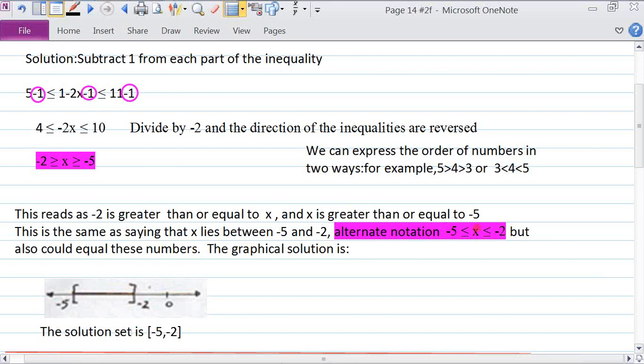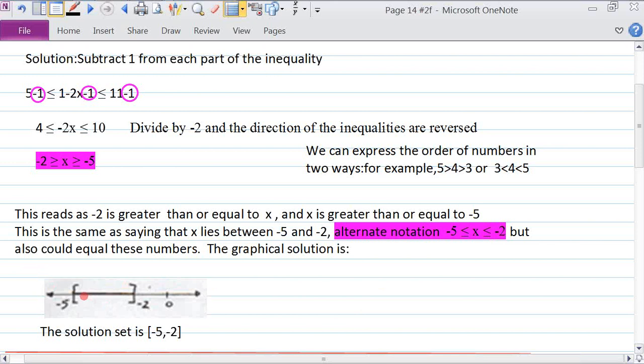Look at this expression. What does it say? Minus 5 is less than or equal to x. That means that x has to lie over here somewhere, anywhere above here. It can include the minus 5, but it's anywhere above here. The first part, minus 5, is less than or equal to x. But at the same time, x must be less than or equal to minus 2.